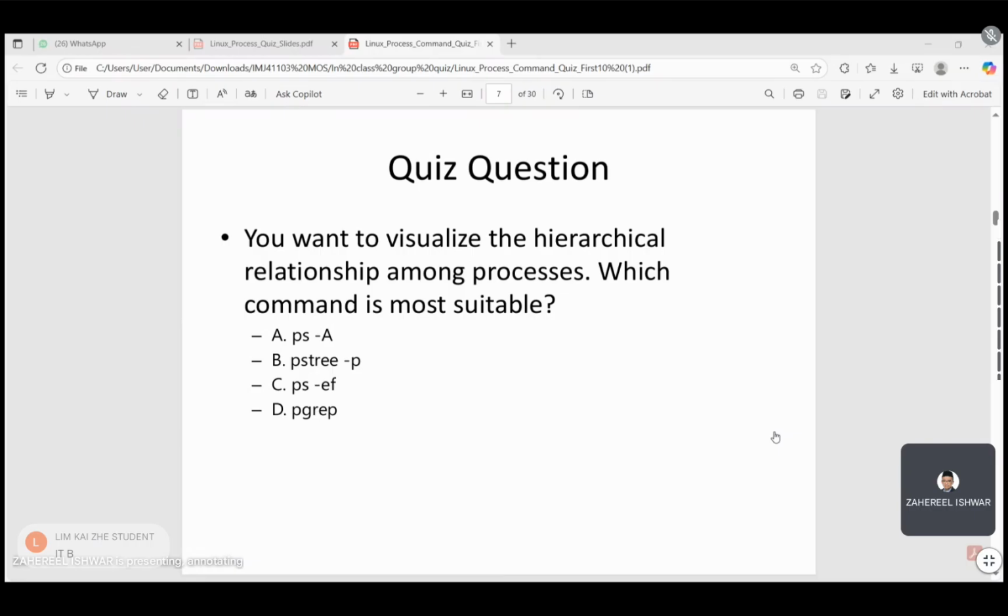Thank you. Okay, now what about pgrep, all the way below, and ps minus capital A over there. What are those?